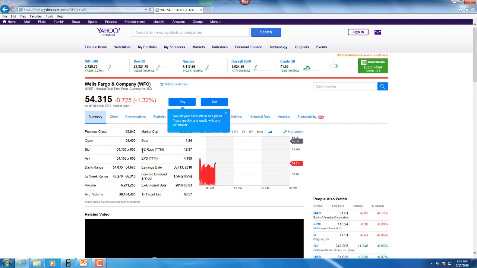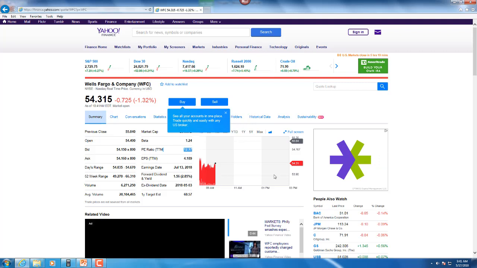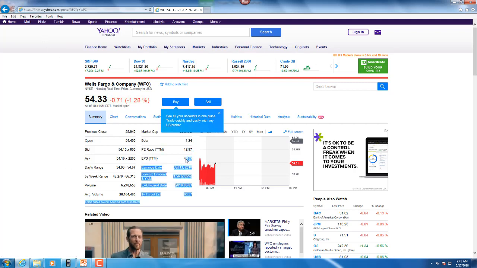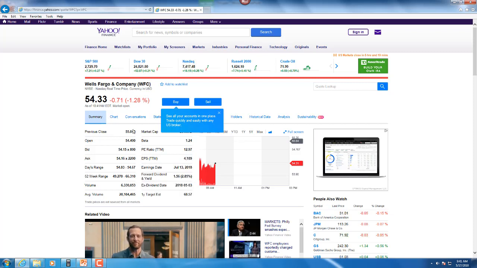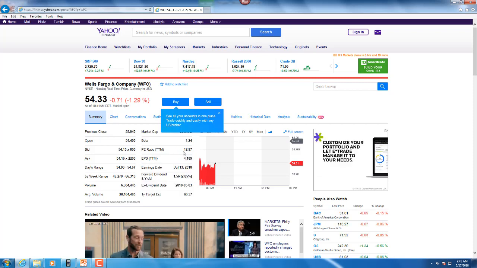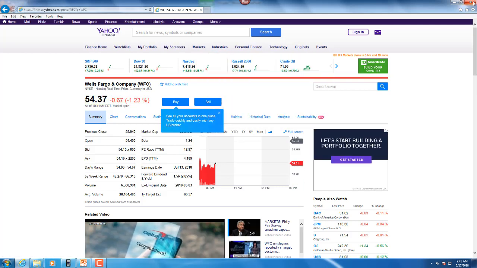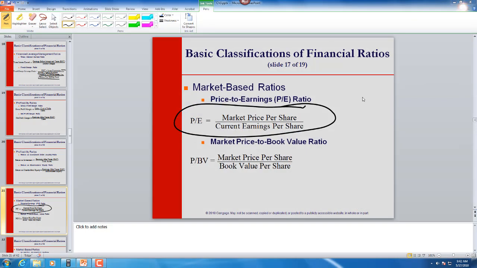See, the one ratio that's always mentioned is price divided by earnings. How much did they earn last year? Earnings per share, 4.189 per share. So if you take the price, previous close, divided by earnings, you get the P/E ratio. It's a very important ratio, especially if you're buying stocks, if you're analyzing stocks.